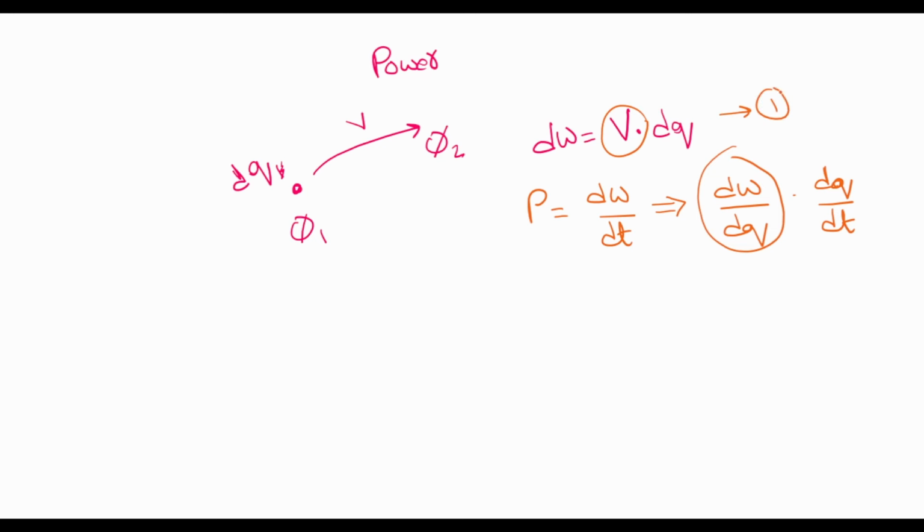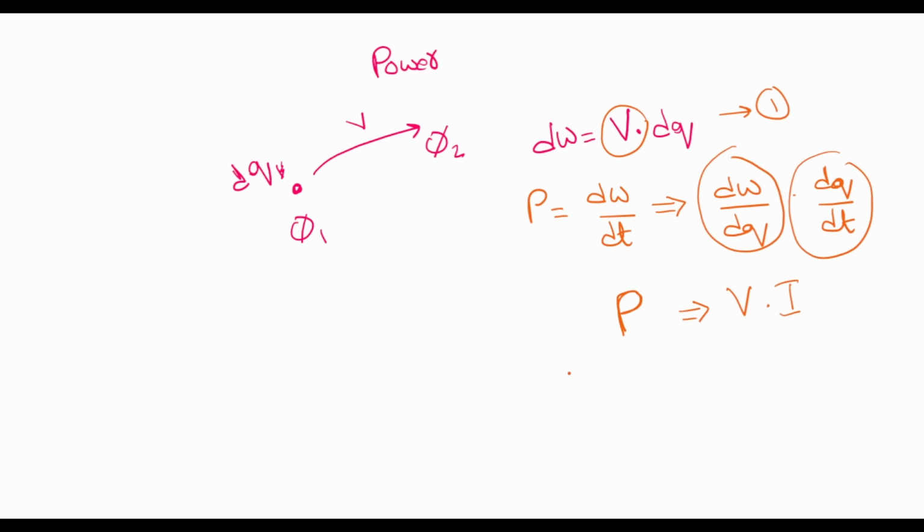So power would be equal to V times dq by dt, which is nothing but the current. So the power in an electrical circuit is nothing but the product of the voltage and the current.